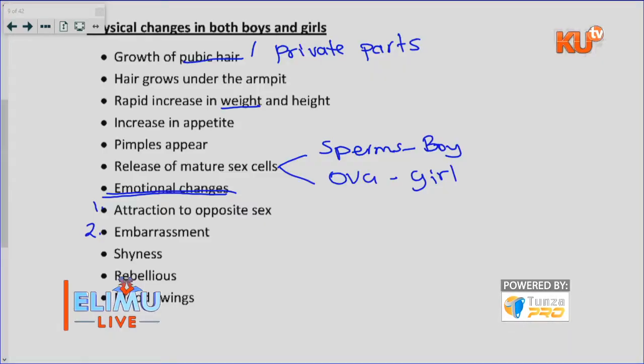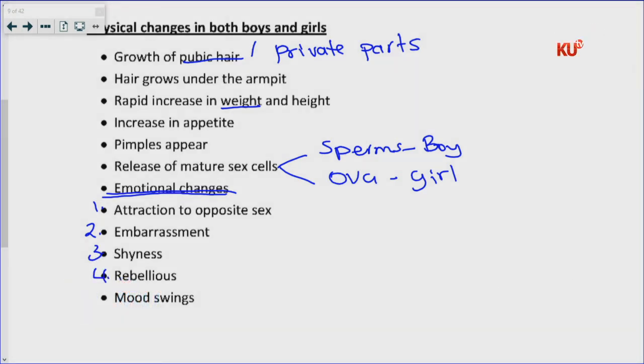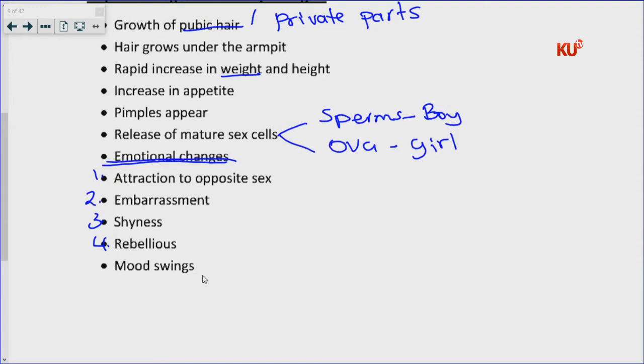Then we have shyness. Boys and girls in adolescence are very shy, rebellious. Most of them don't want to be told what to do. They want to do what they want, which is also not right. We also have mood swings, and these mood swings are brought on by hormone imbalance.